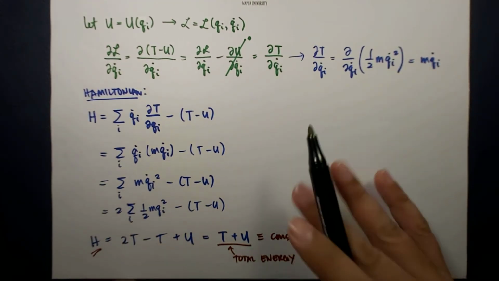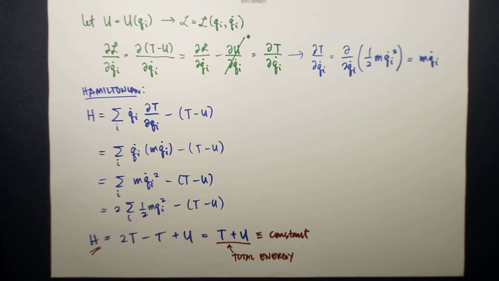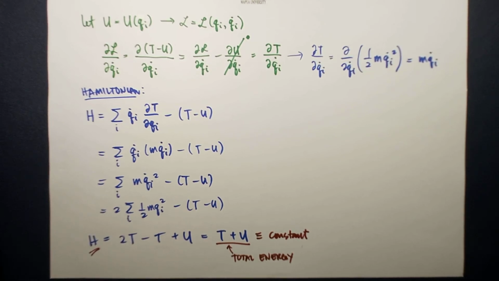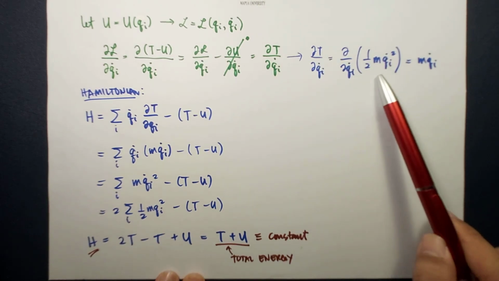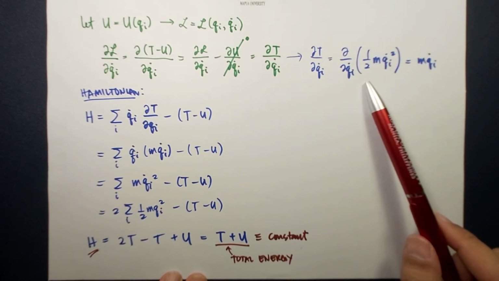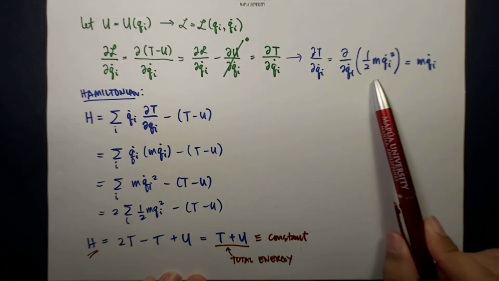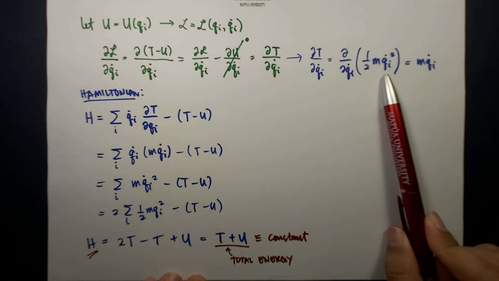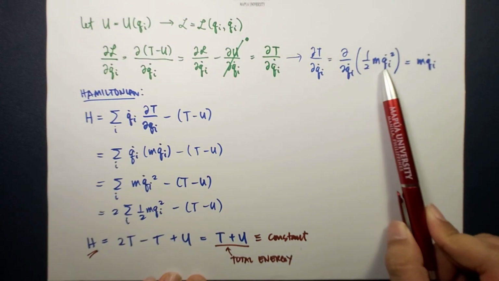Number one is the kinetic energy of the system is a homogeneous quadratic function in the qi dots.